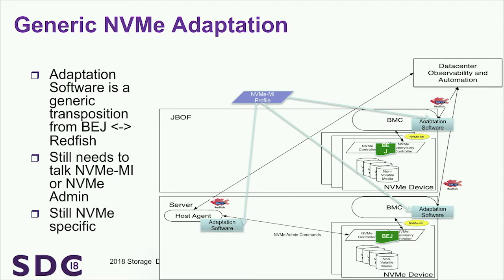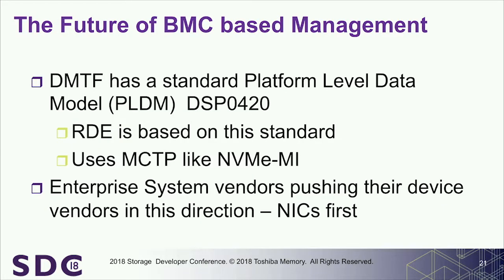And some of the enterprise storage guys I talked to said, no, we already implement MI. Why would we want a different way of doing it? So they're doing that anyway. Okay, so I talked a little about PLDM. It's DSP0218, and it is the basis of the RDE work that includes the BEJ and the dictionary and the new verbs.